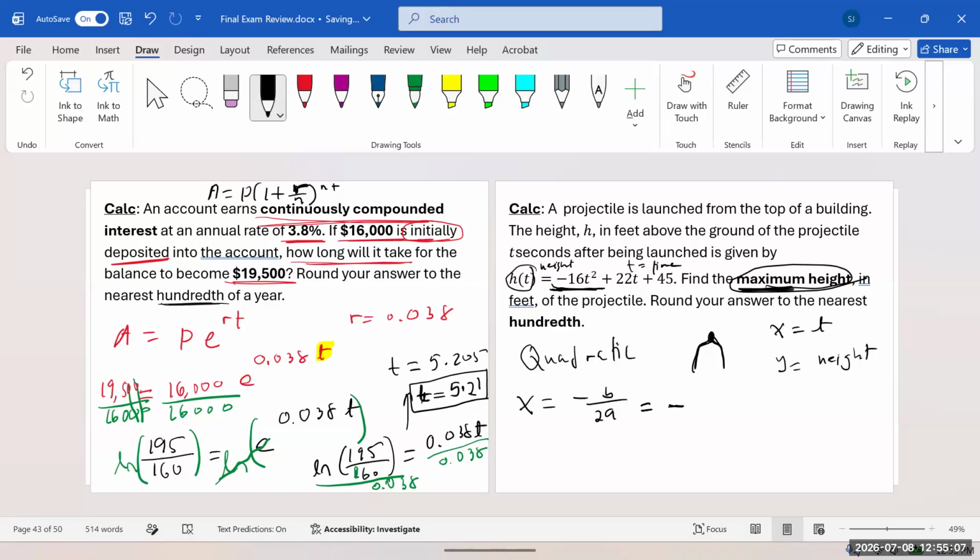So in this example, what is b? 22. And what is a? Negative 16. So 2 goes into 22 11 times. Negative, negative cancel out. We have 11 over 16. And since it says round to the hundredth, it's a calculator question. So what is 11 over 16?